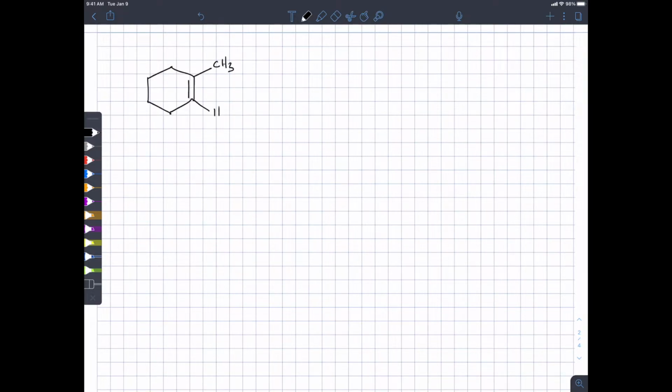And let's just put a methyl group on that cyclohexene. We're going to use Br2, and in this stage, let's use, just to demonstrate that you can use things other than water, an alcohol like methanol.